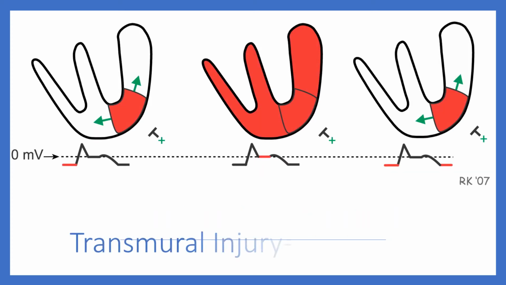When you have a total occlusion of the coronary vessel, you have a full thickness ischemia or infarction. This causes ATP changes in the myocardial cells in the entire thickness of the myocardium, sending electrical signals or impulses away from the sensing electrode, and therefore your resting PR segment is always negative.